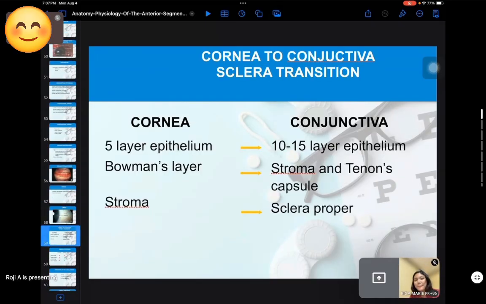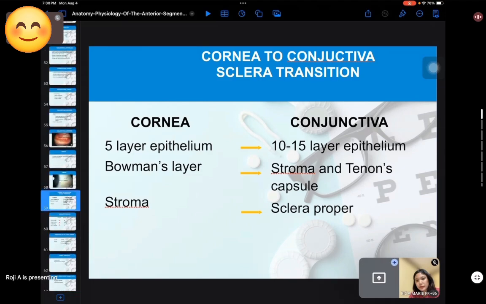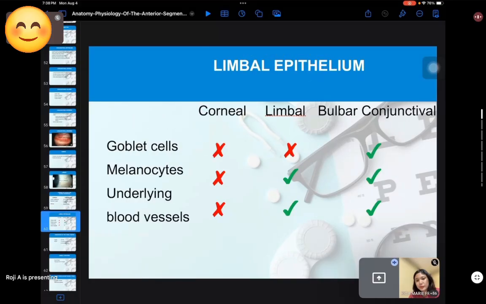All right, so that's your limbus. Okay. And then you have your corneal to conjunctival scleral. We have cornea, 5-layer against conjunctiva. We said that earlier, only 2, right? But if you can see, it's so easy. The difference is so easy. Now, this one can also help you. The goblet cells are not present there.